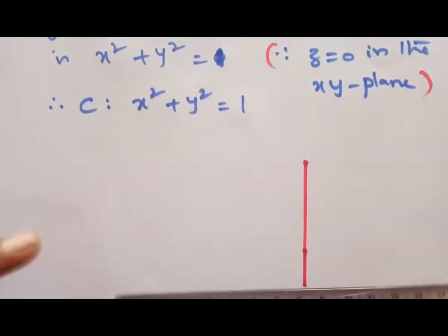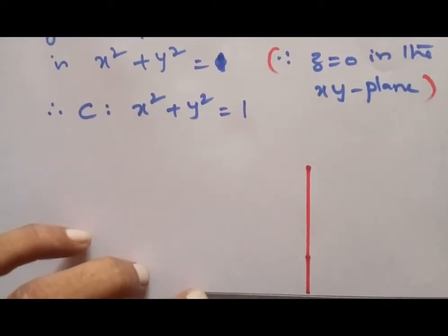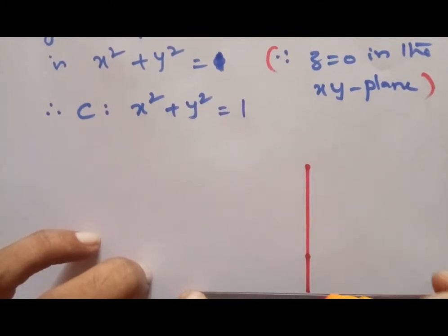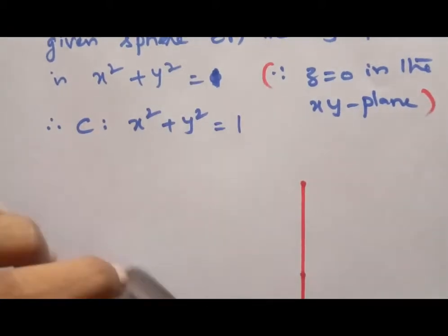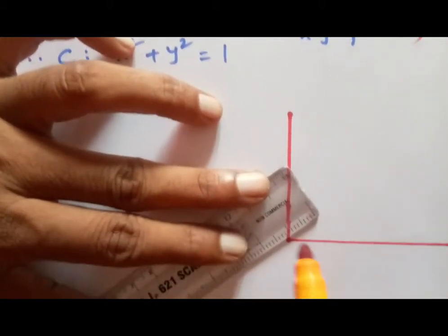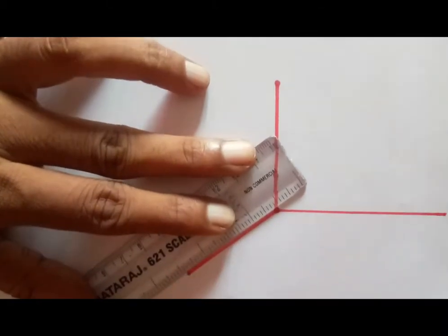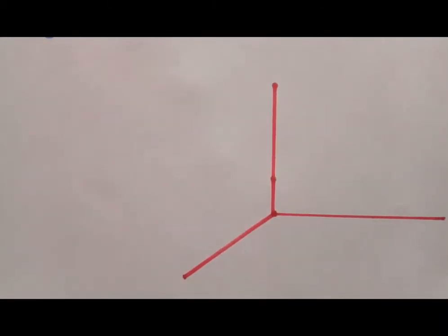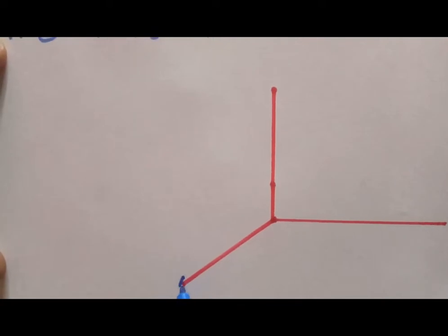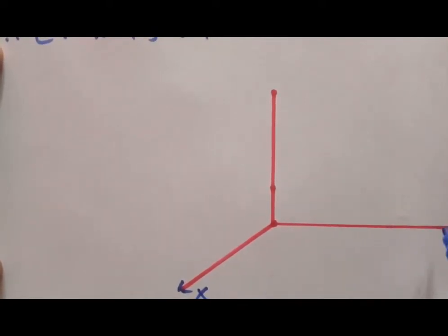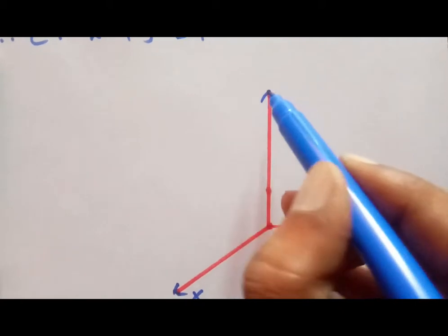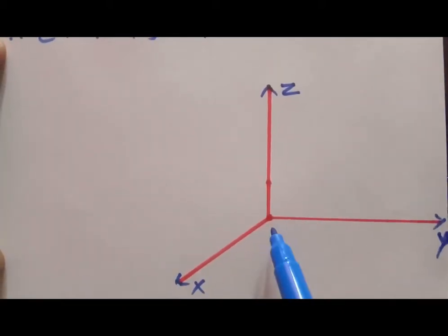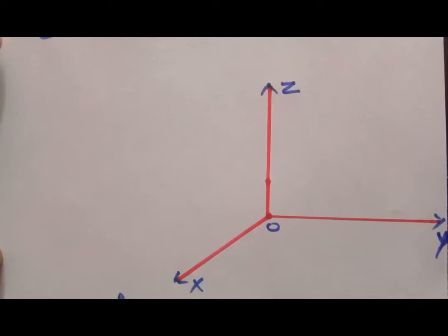Z axis, Y axis, X axis. Now this is the X axis, Y axis, this is the Z axis, origin.